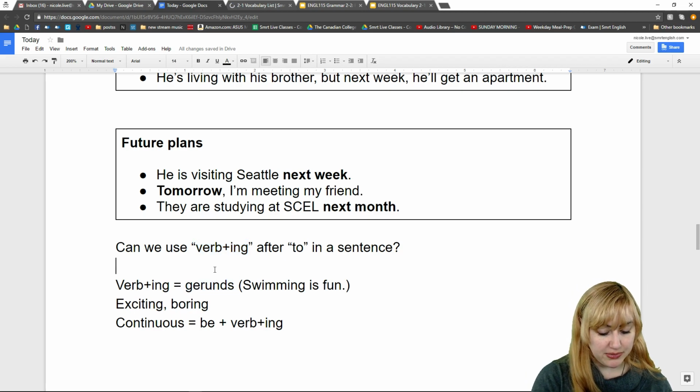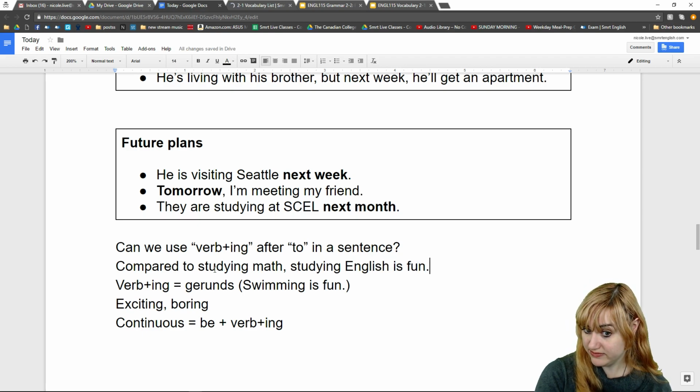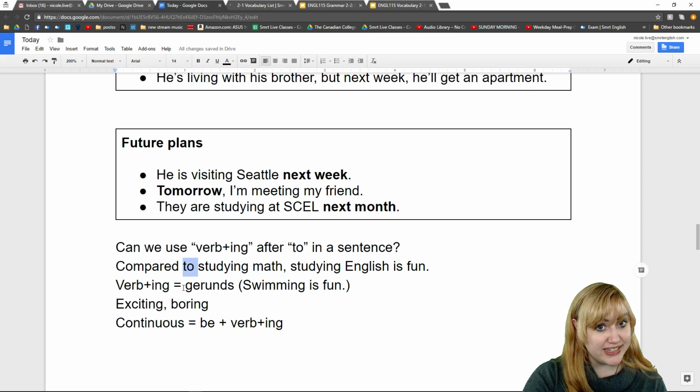So I'll give you a quick example. Compared to studying math, studying English is fun. So here, studying math is the object of this preposition to. Just like studying English is the subject of this clause right here. Does that make sense?